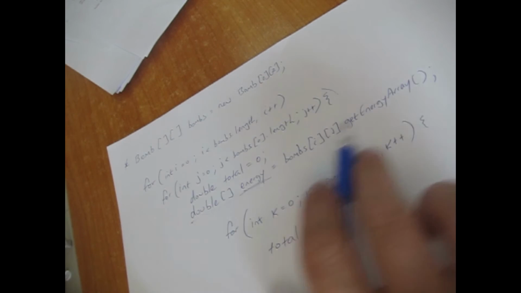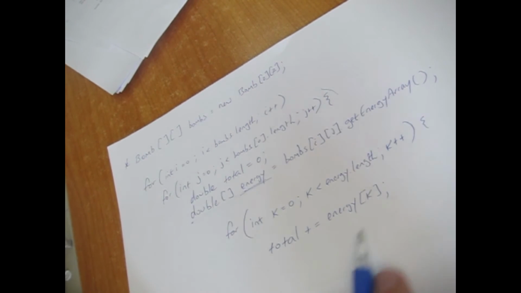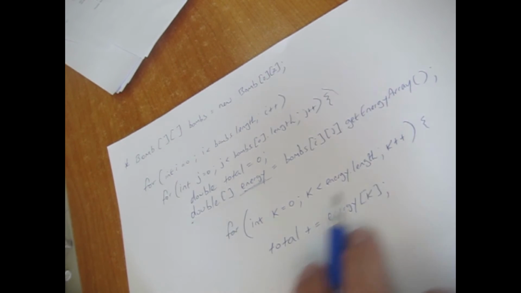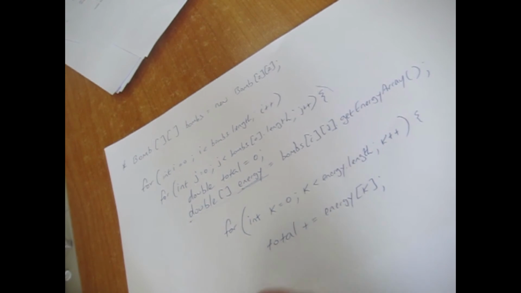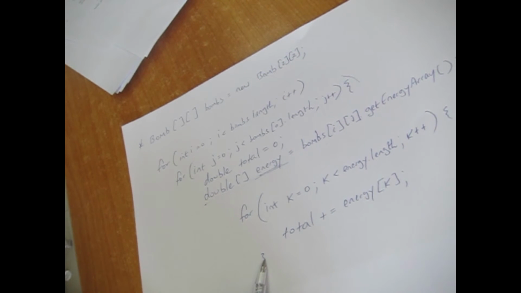Then we get the values from the BOM object, and then we loop through those three values, and we create the total. And before we go to the next, before we increment j, we need to print out the result. So that's going to be here.